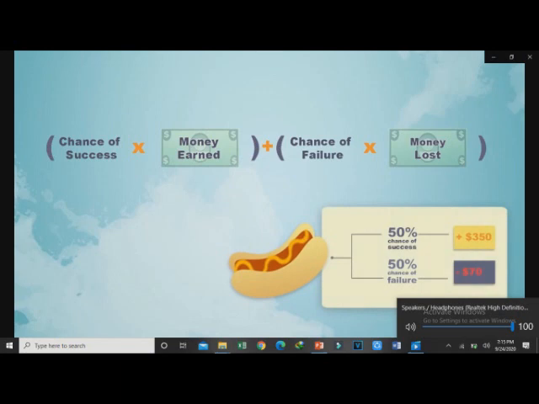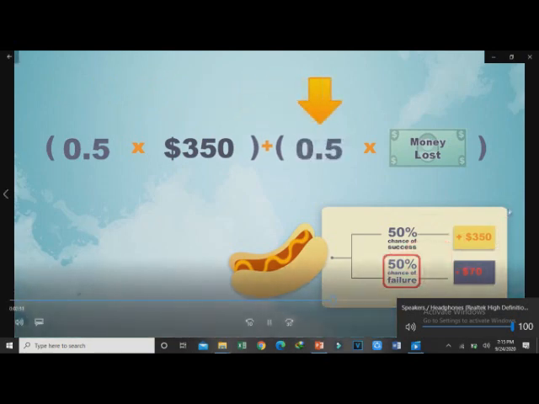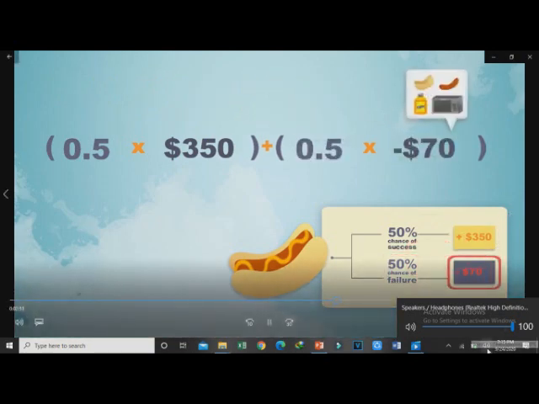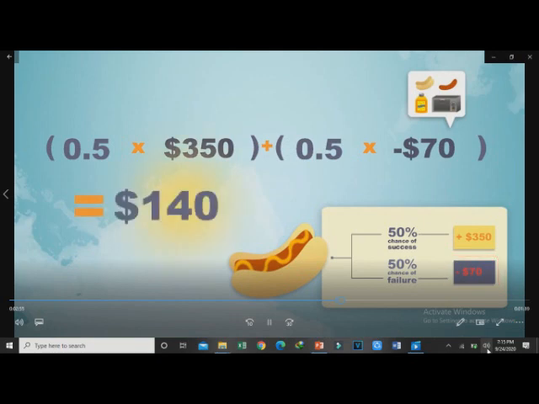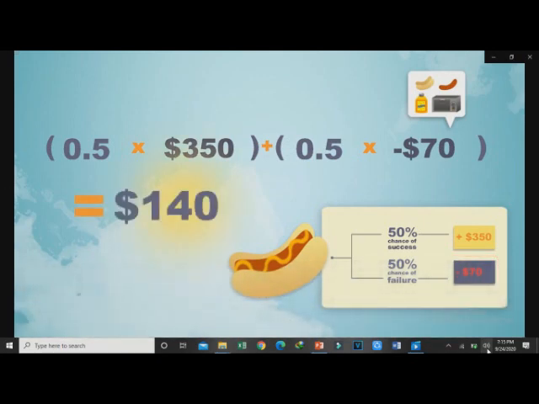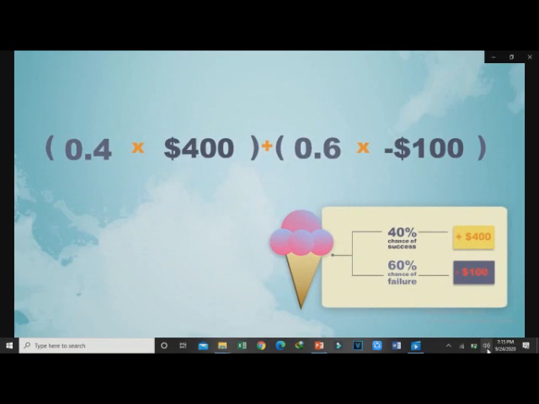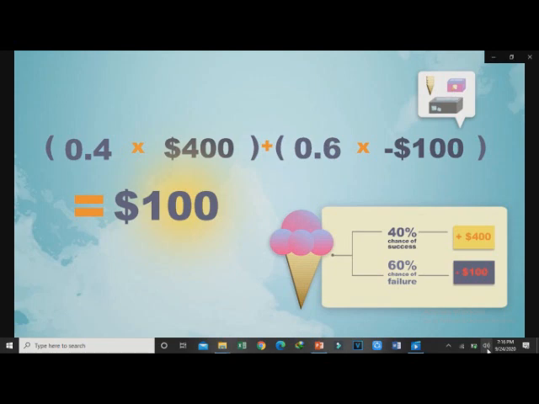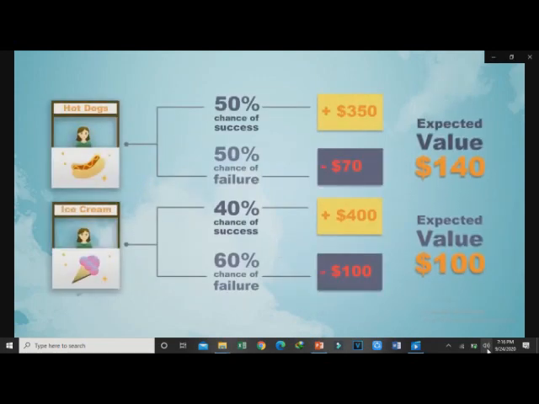So for the hot dog stand, 50% success times $350 plus 50% failure times negative $70 equals an expected value of $140. And for the ice cream stand, 40% success times $400 plus 60% failure times negative $100 equals an expected value of $100. Now which one should you choose?